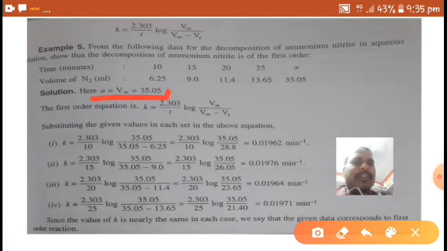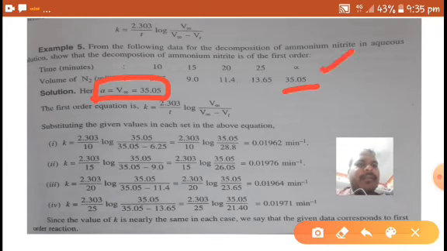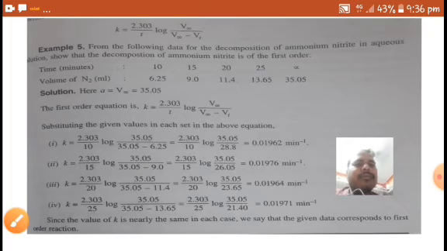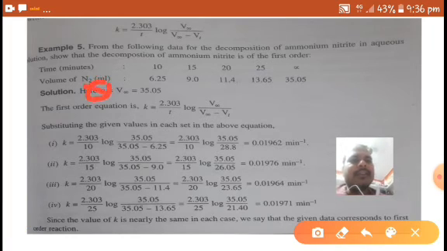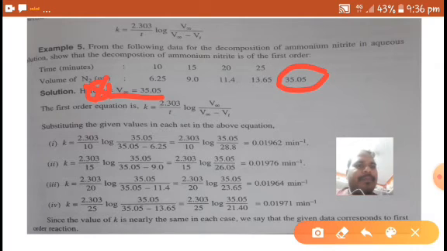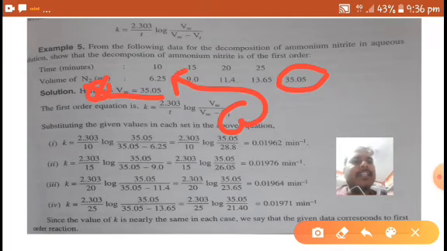So what is the equation here? A is equal to V infinity, which is equal to 35.05. Not the initial concentration, V infinity. Vt changes according to the time.